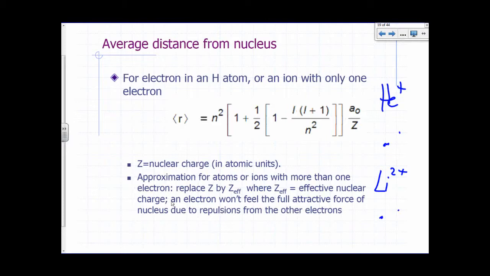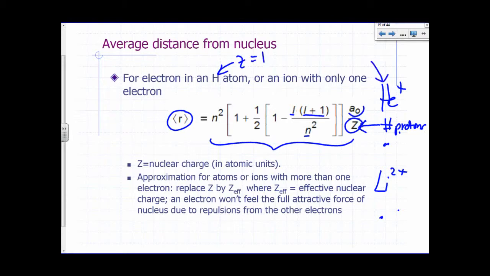The average distance can be calculated from the quantum numbers n and l. It's n squared times 1 plus 1/2 times 1 minus l times l plus 1 over n squared, times a0 over Z. Z here is the atomic number, the number of protons in the nucleus. So in the case of hydrogen, Z equals 1.